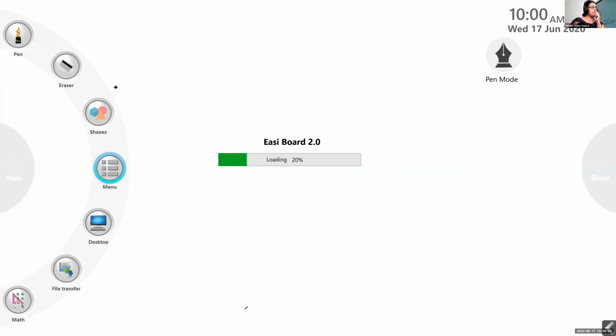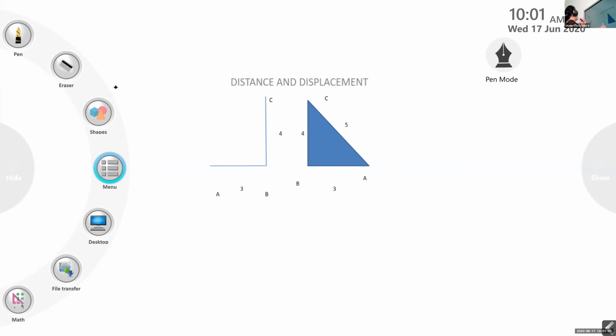The first graph: distance time graph for uniform motion. Distance time graph for uniform motion.